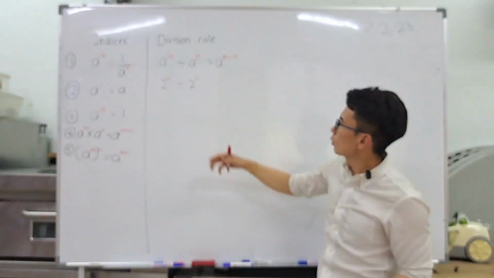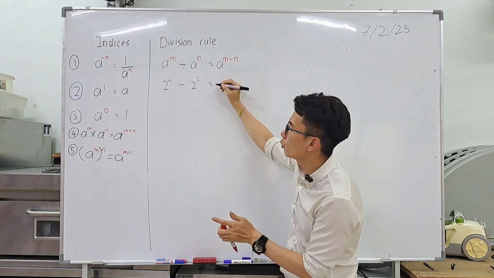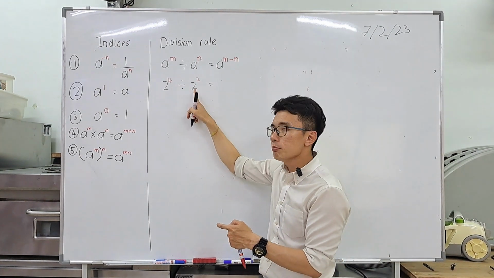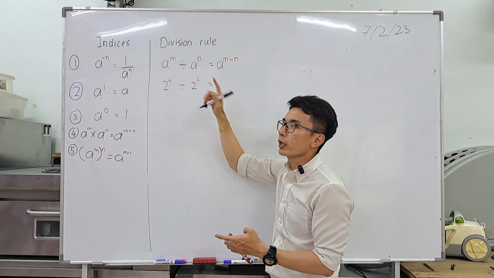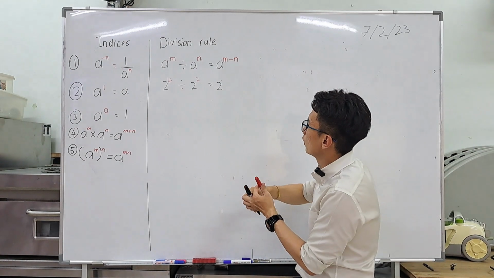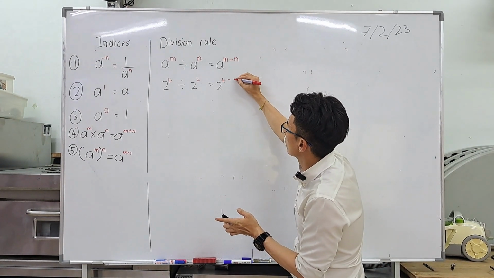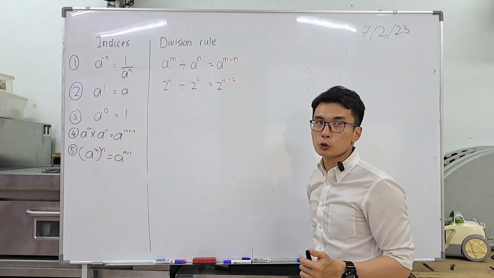So what's going to happen here? Based on the division rule, since I'm dividing the same base, I can subtract the power. So I will write 2, and then 4 minus 2. Subtract by 2.